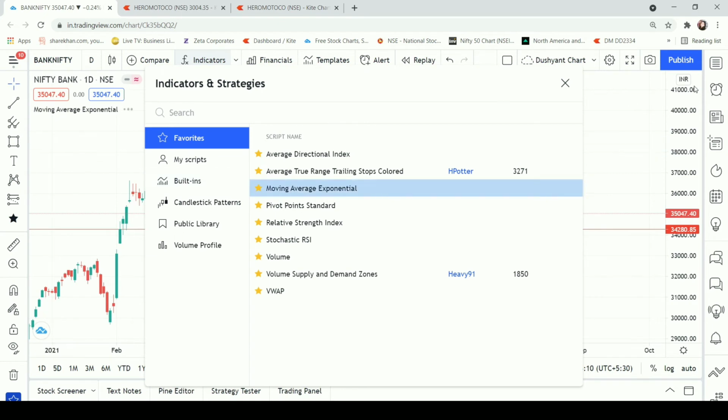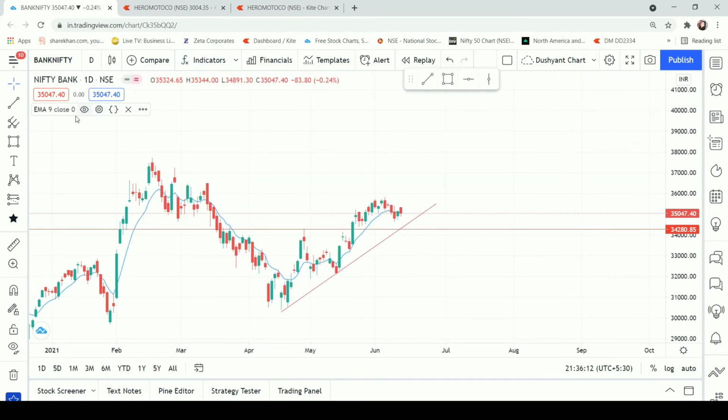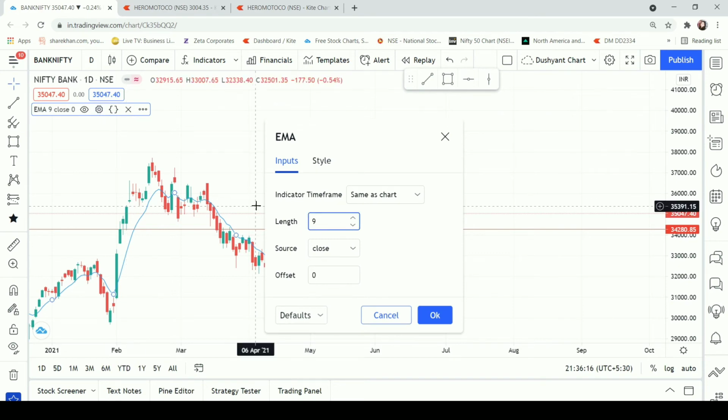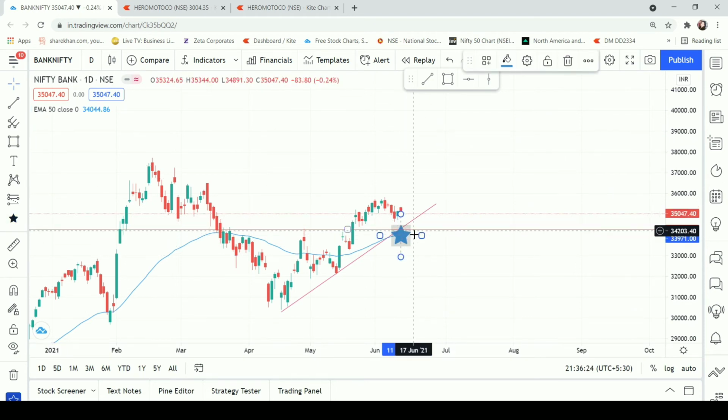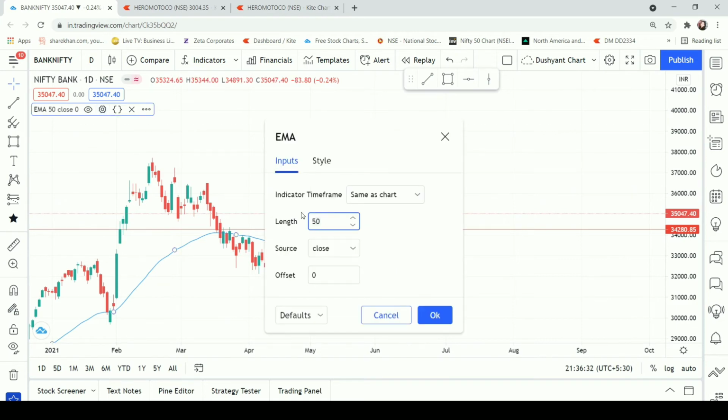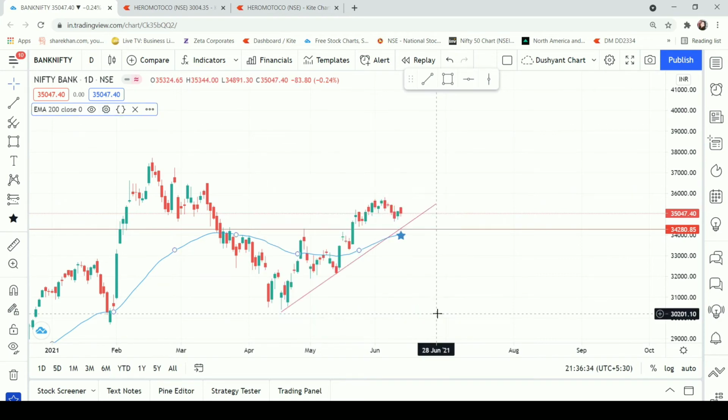moving average. Okay, so for moving average we plot 50 first. Okay, 50. So here's 50 and 200.